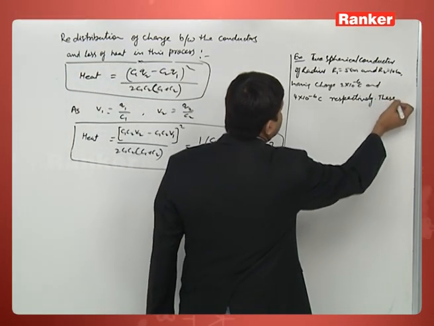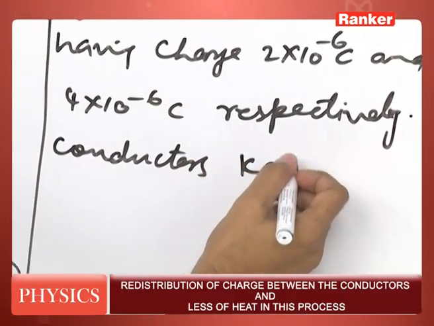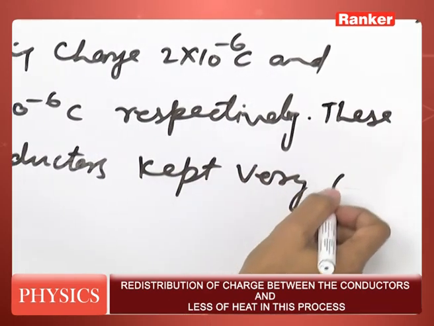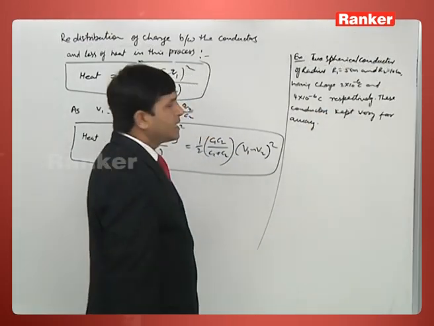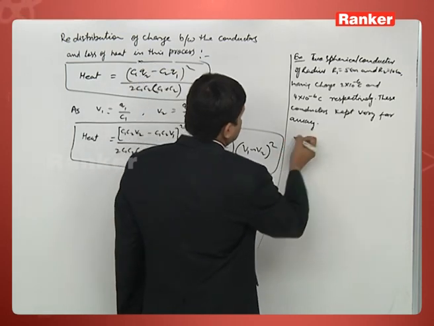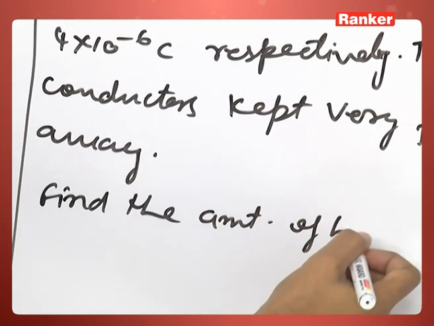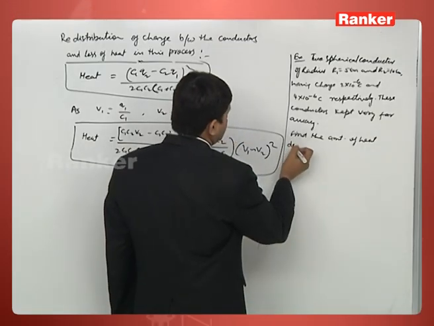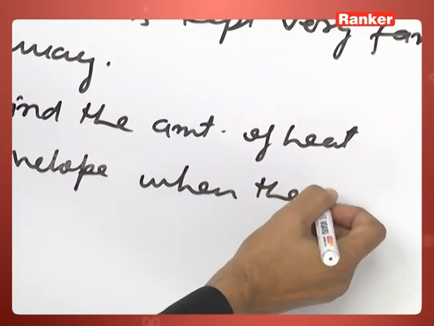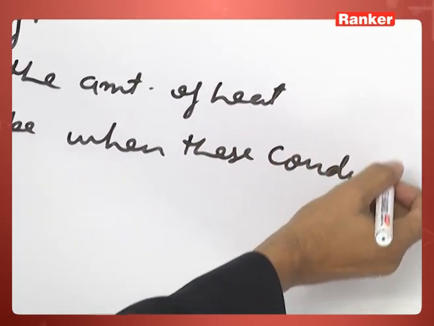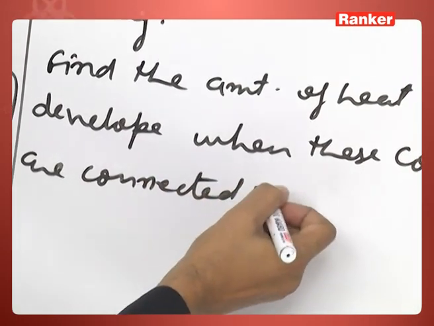These conductors are kept very far away. So find the amount of heat developed when these conductors are connected with a conducting wire.